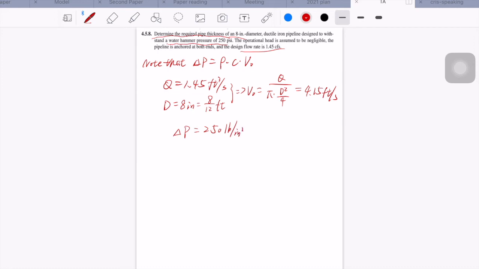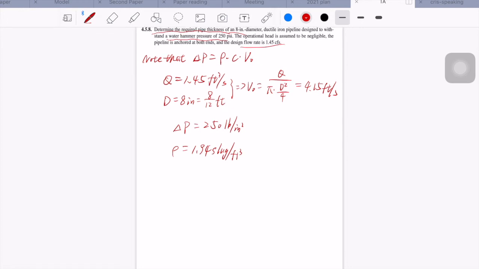And we also know the water hammer pressure delta P equals 250 pounds per square inch, and at 20°C, the density of the water rho equals 1.94 slug per cubic feet. So now we can determine that C equals delta P over rho times velocity.